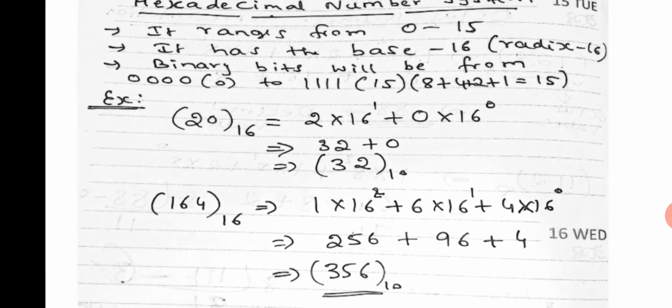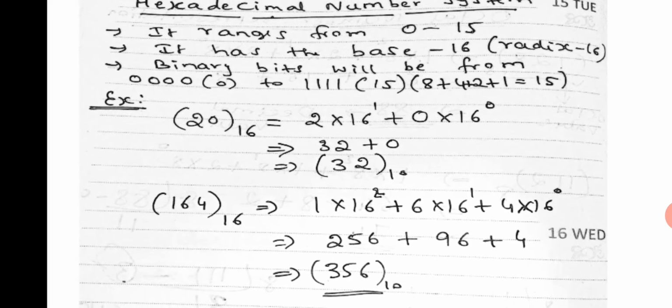Now you can see one more example over here: 164. How to represent 164? 164 is in hexadecimal form. How can I say that? Because I have given the base 16 over there. Can you see that example?